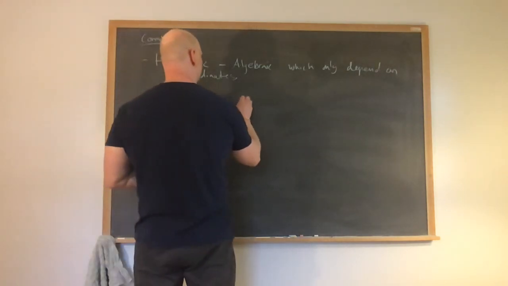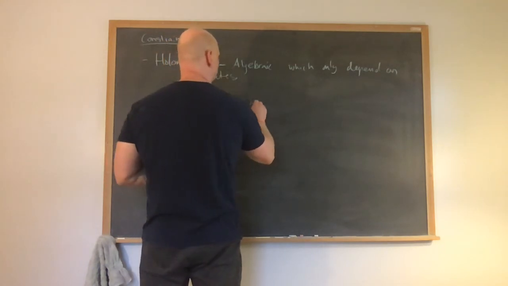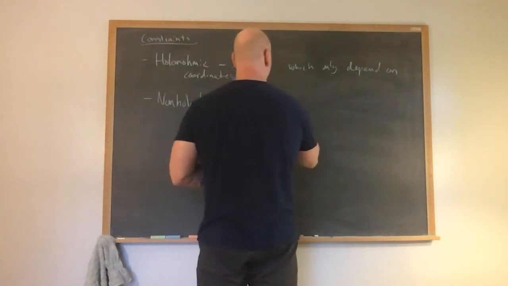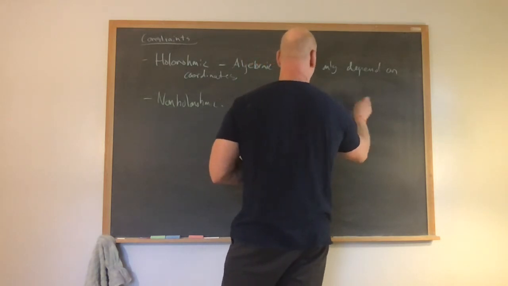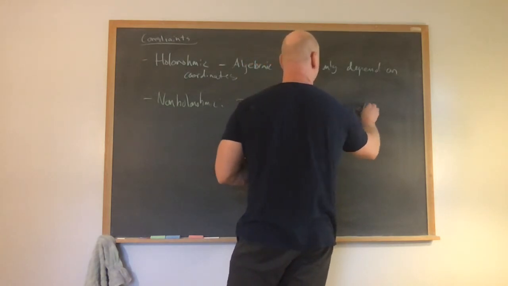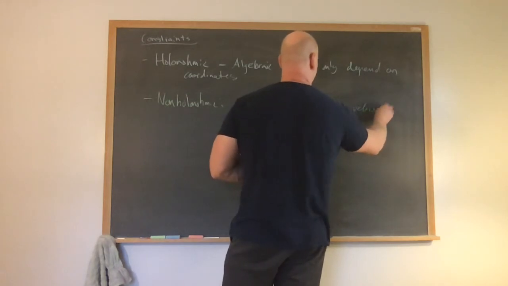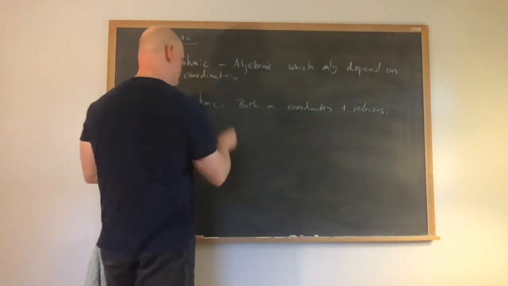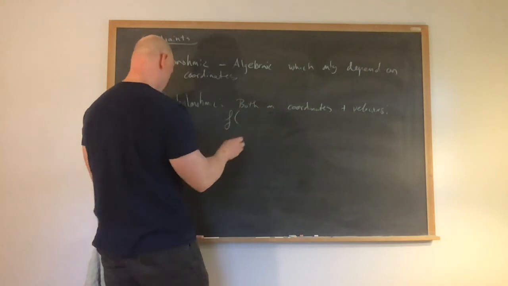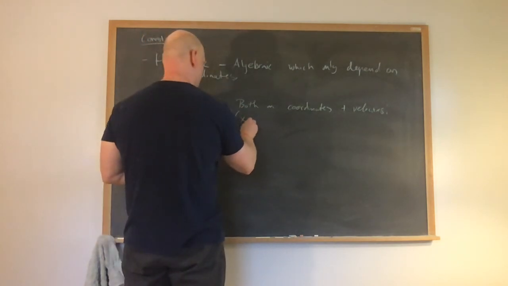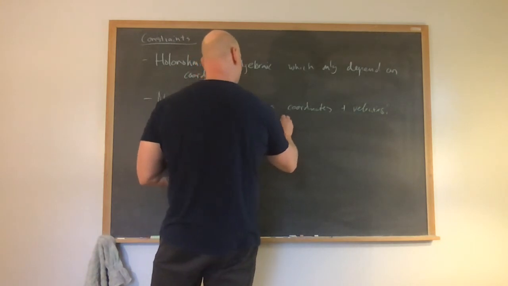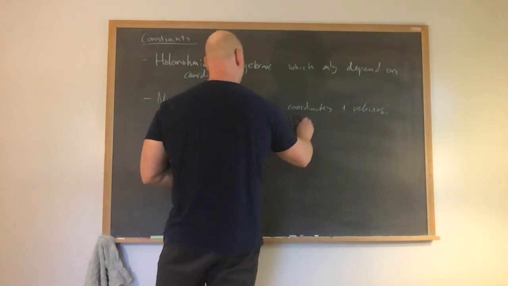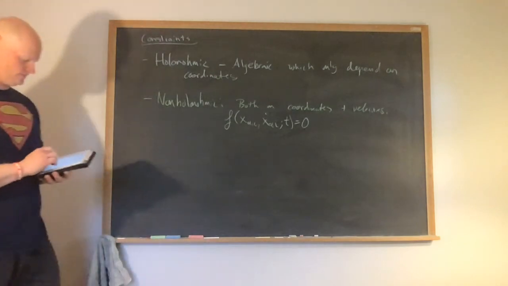So these depend on both coordinates and velocities. In this case, we're going to have constraint equations that go something like f of x alpha i, x dot alpha i, and time all equal to 0.